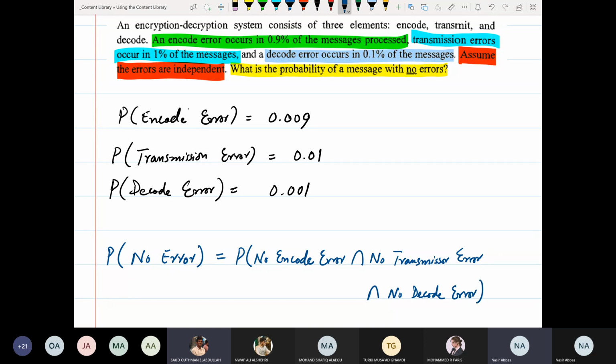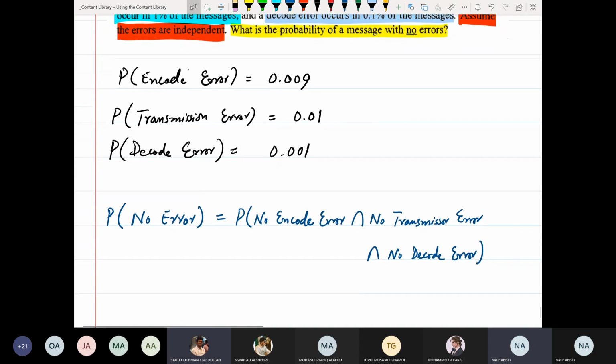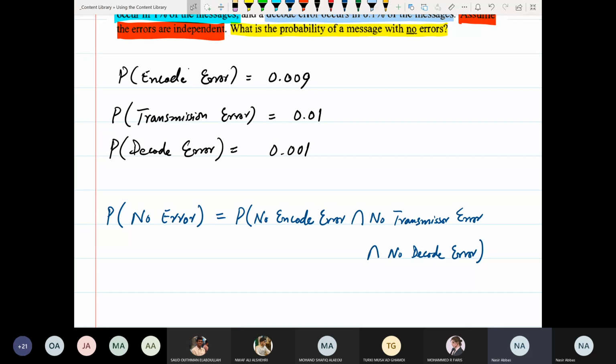Doctor, intersection or union? Now this is directly. When I'm saying directly, I'll talk about the union later, but now I'm saying no error, and no error means none of these errors. So that's intersection. I don't want an encode error, and I don't want a transmission error, and I don't want a decode error.